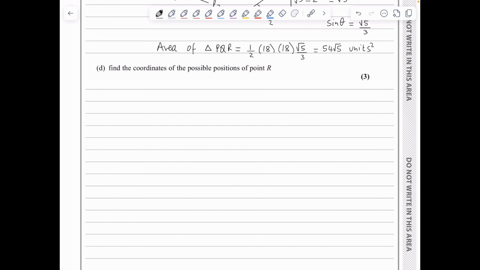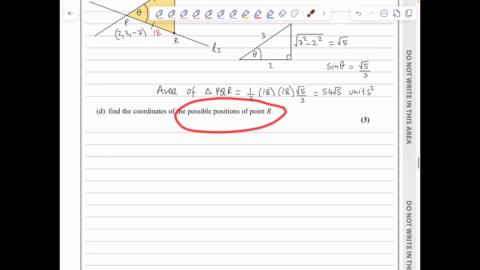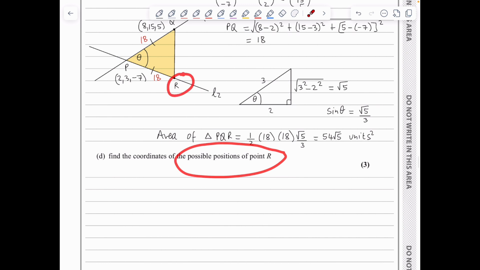In part D, we need to find the coordinates of the possible positions of point R. Well, we know that point R lies on L2, and therefore we can express its coordinates in terms of the scalar parameter mu. So R has coordinates 2 plus 4 mu, 3 minus mu, minus 7 plus 8 mu.